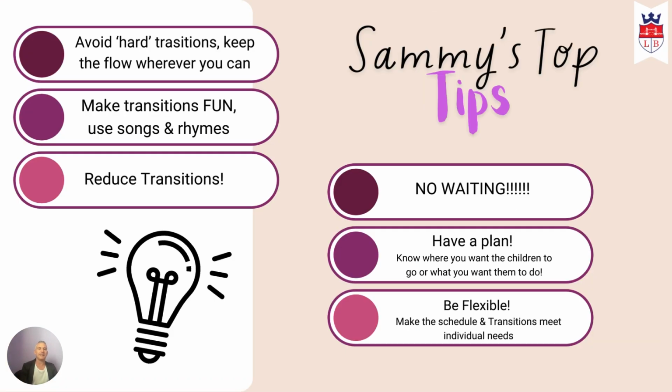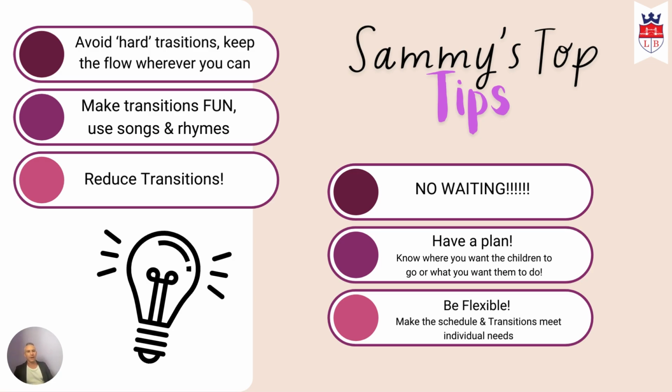So here we go. This is my top tip number 1 for transitions. Try to avoid hard transitions and keep the flow of the room or the early years setting wherever you can. What I mean by that is rather than stopping everyone, everyone to the door, everyone outside, everyone to the lunch table, try and do it more gradually with 1, 2 children as they naturally come to an end of what they're doing.